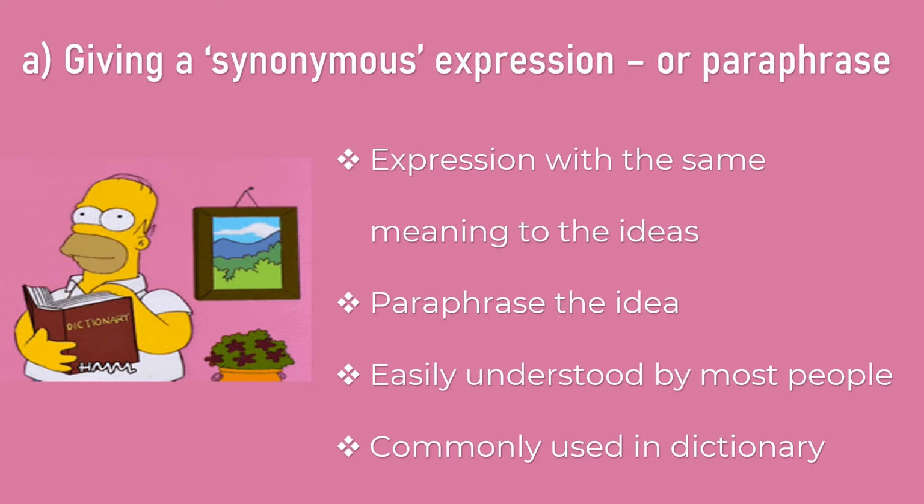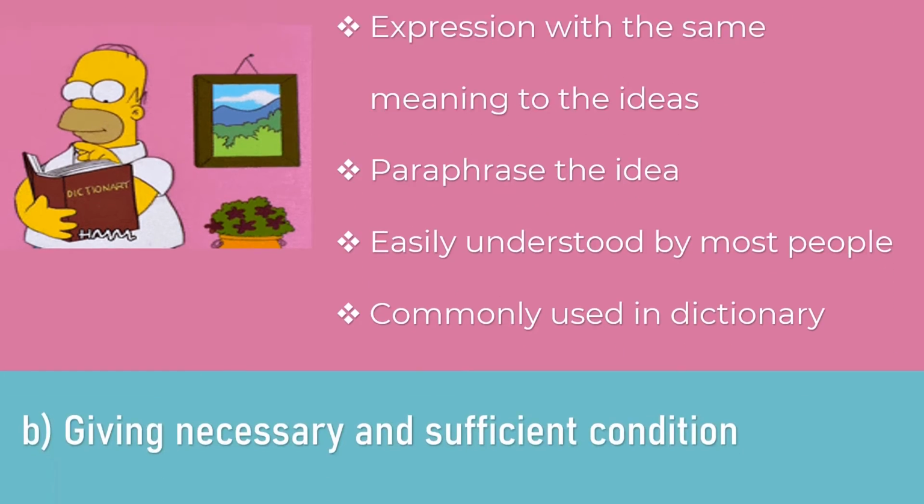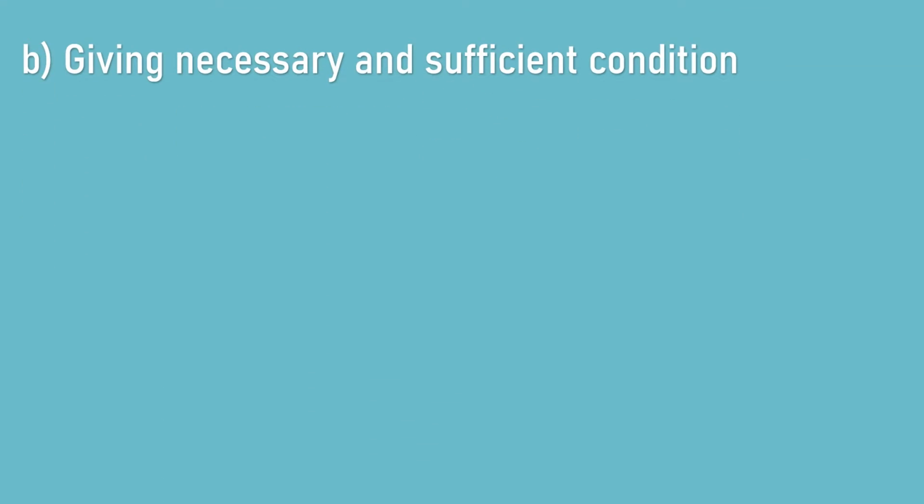And move on to the second way, giving necessary and sufficient conditions. When we explain by giving a synonymous expression or paraphrase, we provide much the same meaning, but not exactly the same meaning.